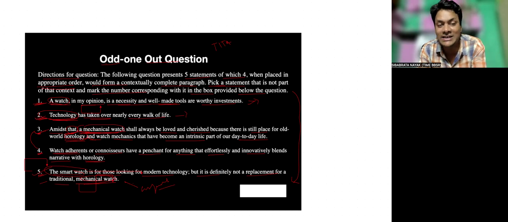But at the same time, three indicates that in the middle of that technology, the mechanical watch is holding people because of its reputation, because people appreciate and love it, as it holds the past design and past craftsmanship, isn't it?